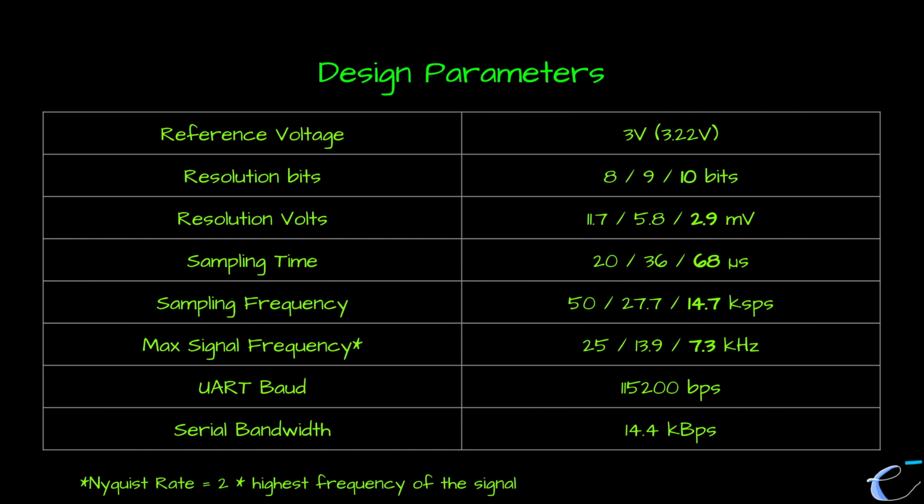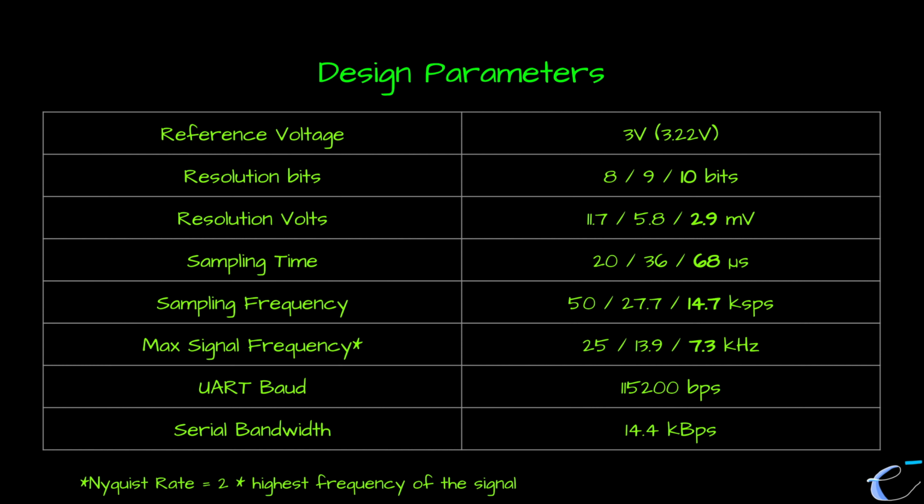Now there is a number called the Nyquist rate, which basically says that for you to reproduce the sampled wave accurately, the sampling frequency should be at least twice as much as the frequency of the signal. Now this, of course, is a theoretical limit.